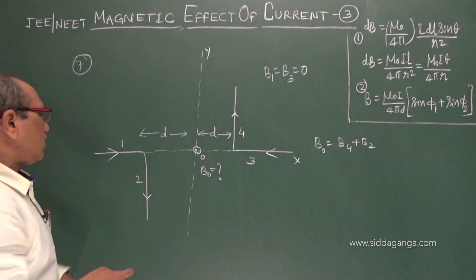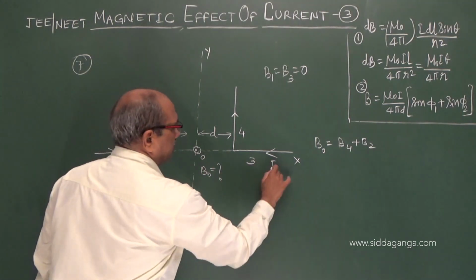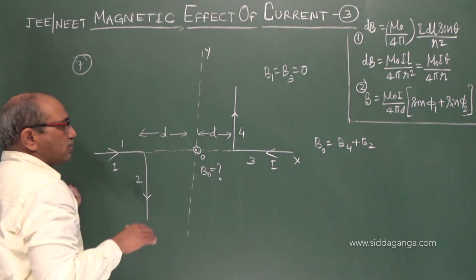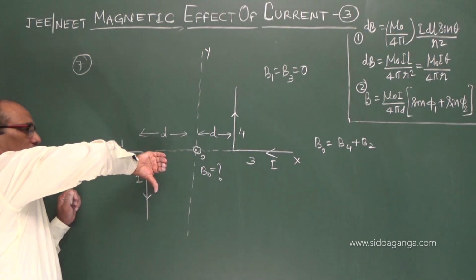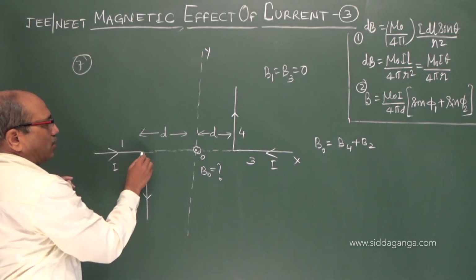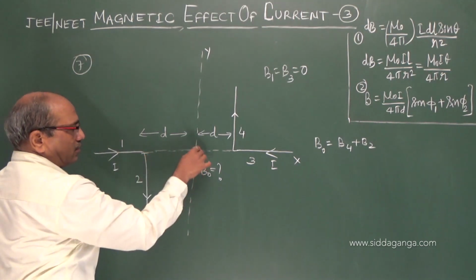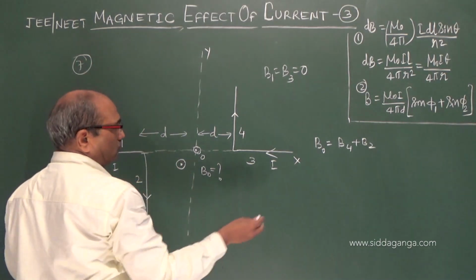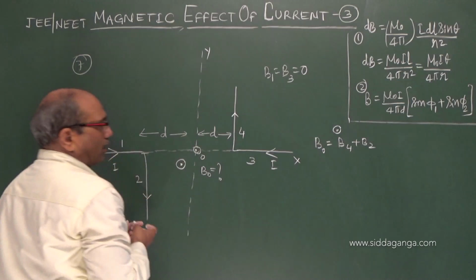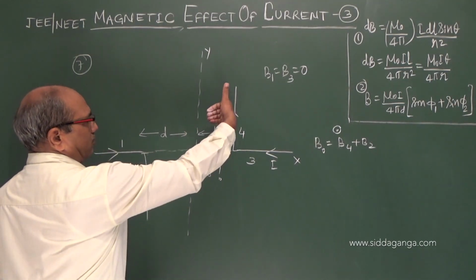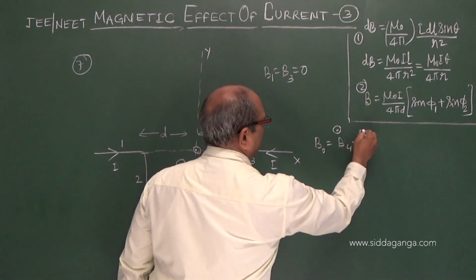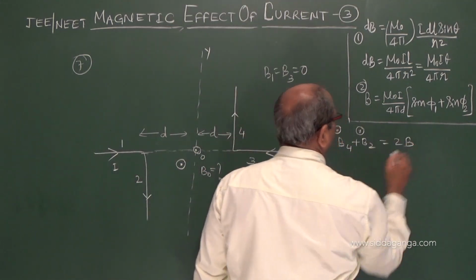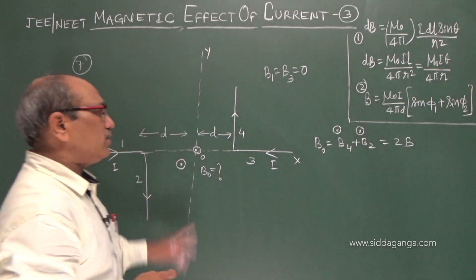Current is the same for both, distance same, and direction is out of the board for B2, and the fourth one is also out of the board. Therefore I can write it as 2B, because both give the same strength.